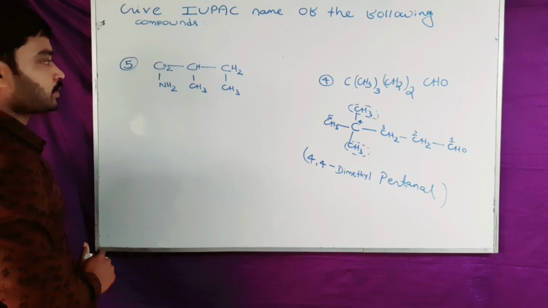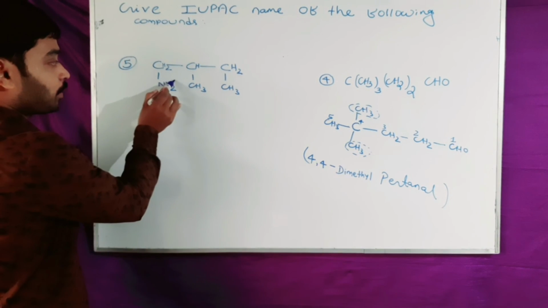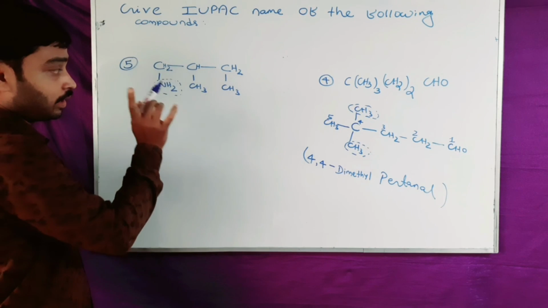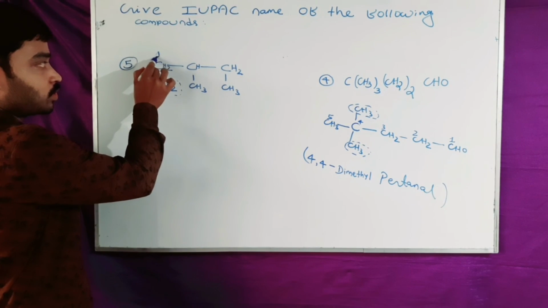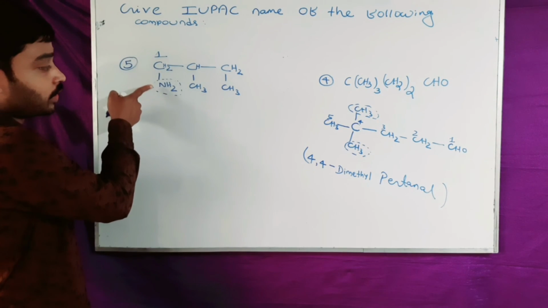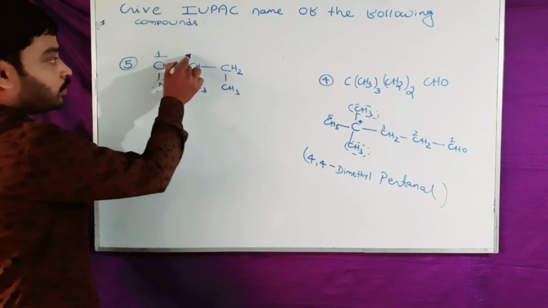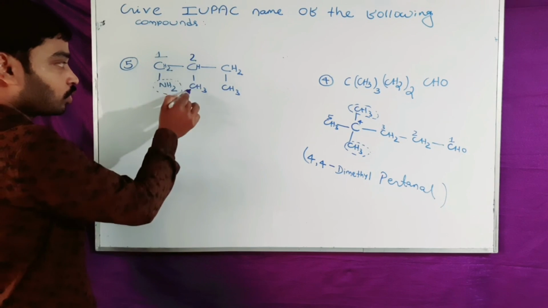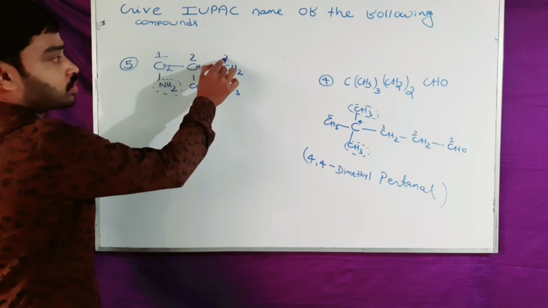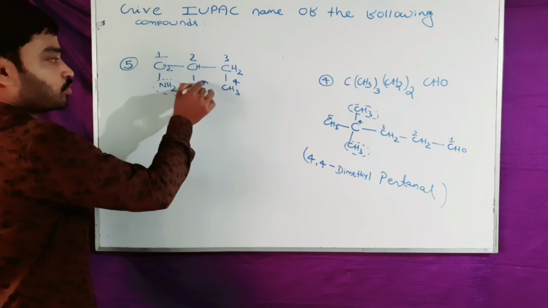So in this case, what happened? It is the only functional group, a monovalent functional group, and does not contain any carbon atom. That's why the number one position will start from that carbon which contains the monovalent functional group, and it will progress in this direction. You cannot go downward because it will be the short chain, and the long chain is here, and the other will be the substituent group.